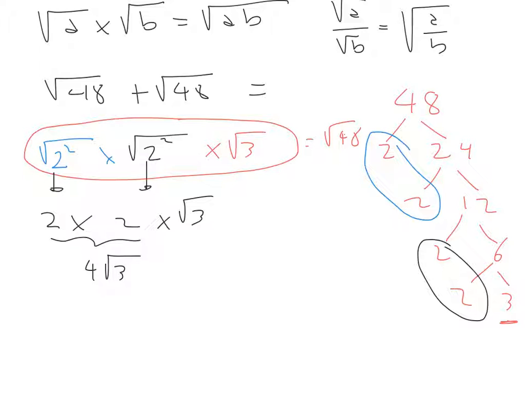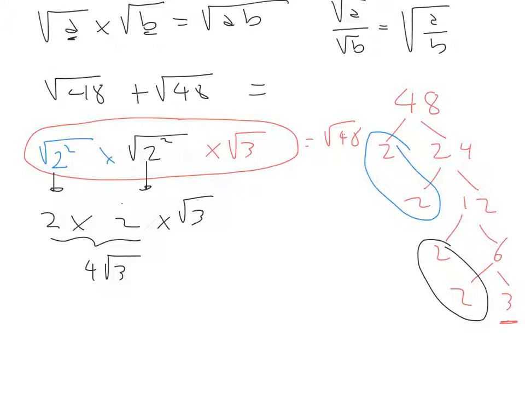Now remember that two numbers outside the square root, like 2 and 2, we can multiply together, and we can multiply together two numbers inside the square root, like a and b, as we saw before. But we cannot multiply together a number outside and a number inside of a square root. So 4 times square root of 3 remains 4 times square root of 3. We cannot multiply them together.